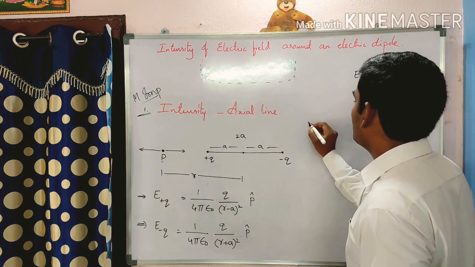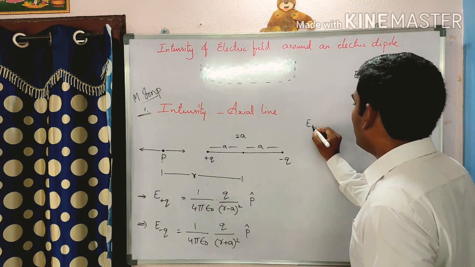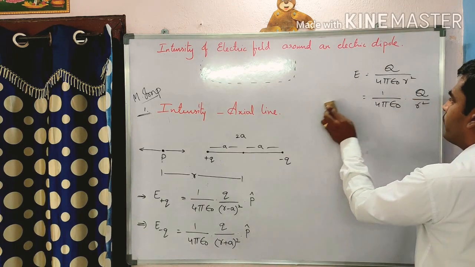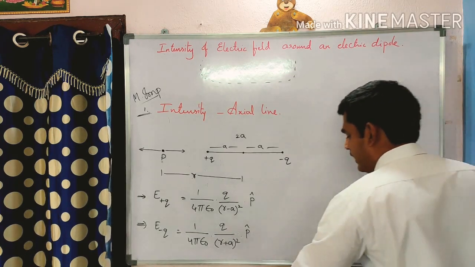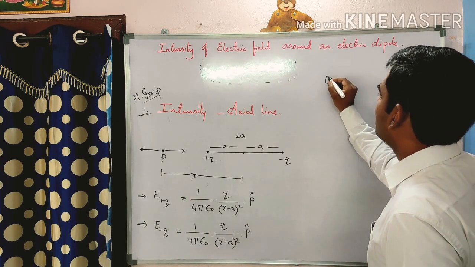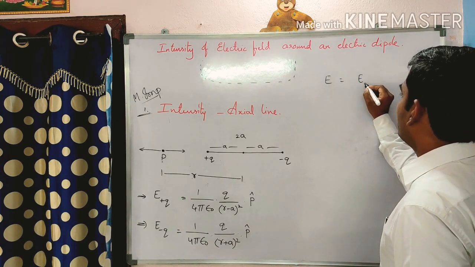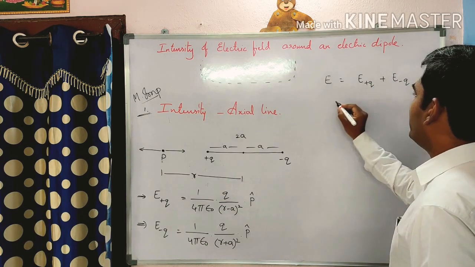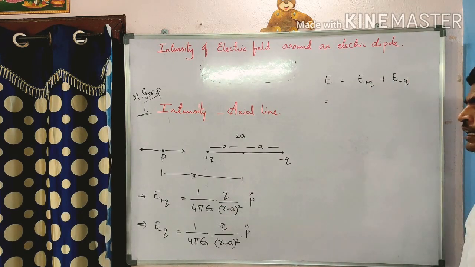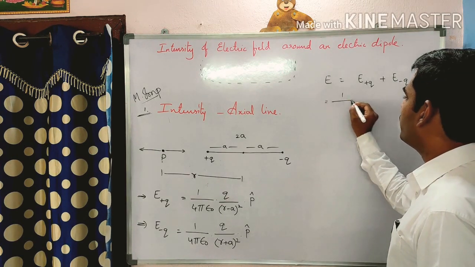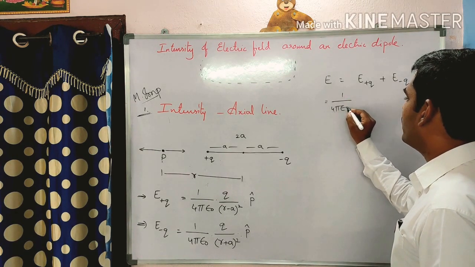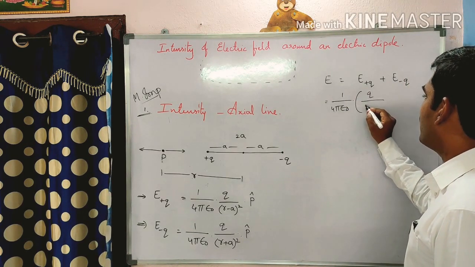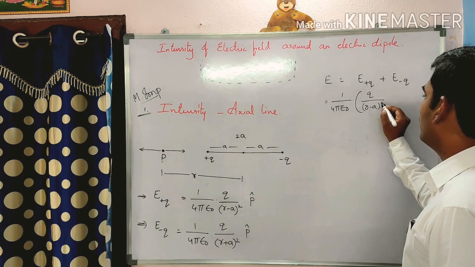The total electric field E is equal to the electric field due to the positive charge plus the electric field due to the negative charge. The field due to the positive charge is 1 by 4 pi epsilon naught, Q by (R minus a) whole square.